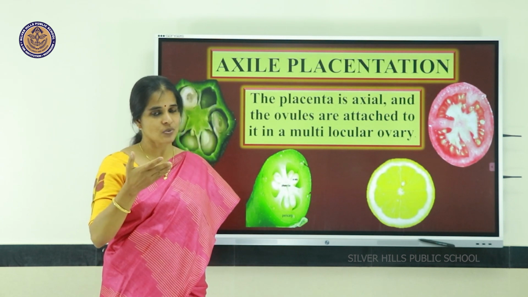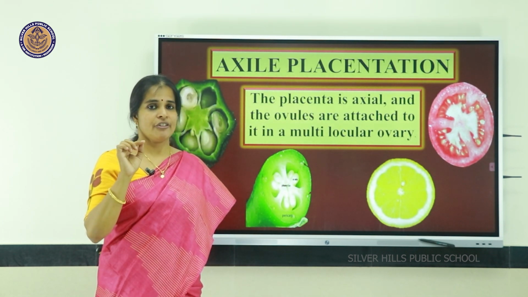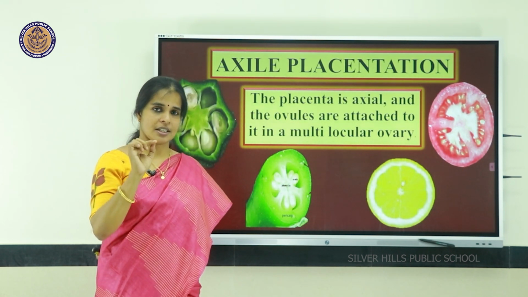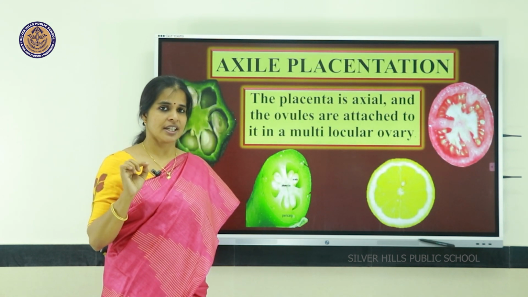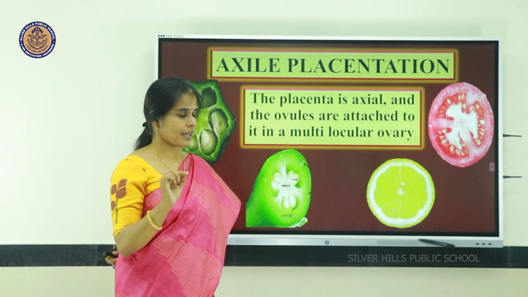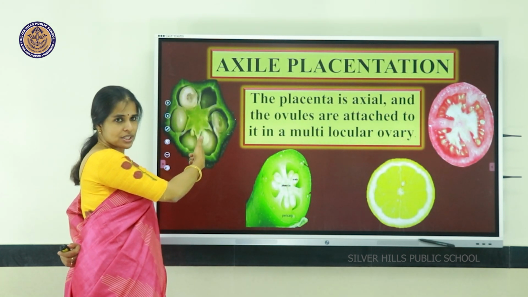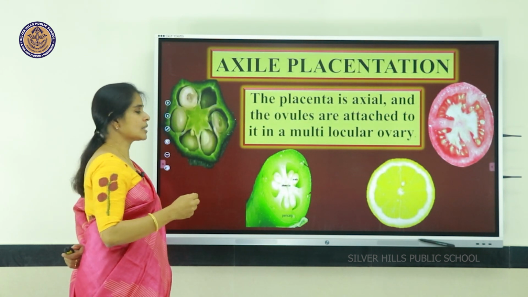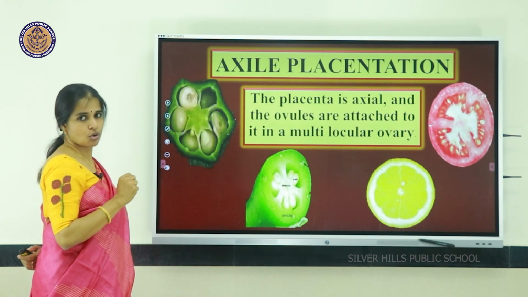If you take the lady's finger and look at how the seeds are present inside, before fertilization the ovule arrangement was exactly how the seed formation has taken place after fertilization. So the seed structures we can see give us an idea of how the ovules were present in the ovary.